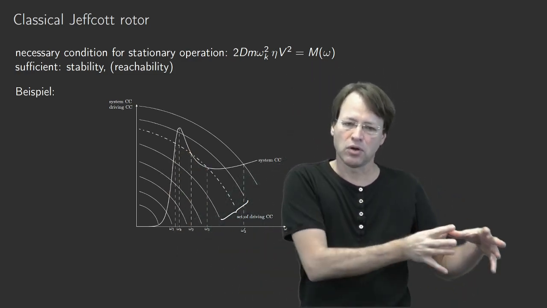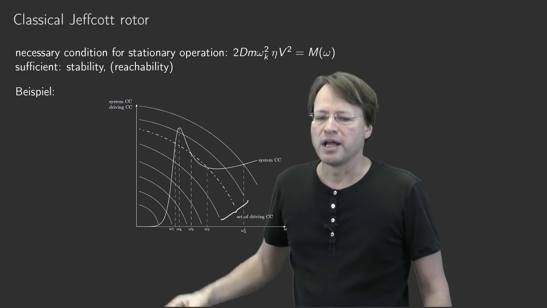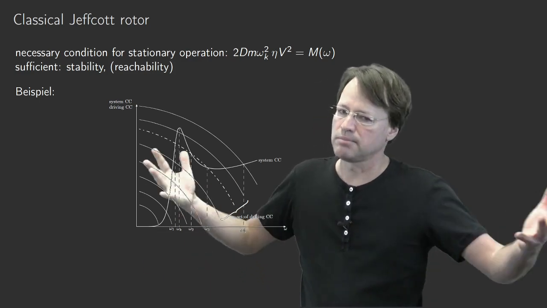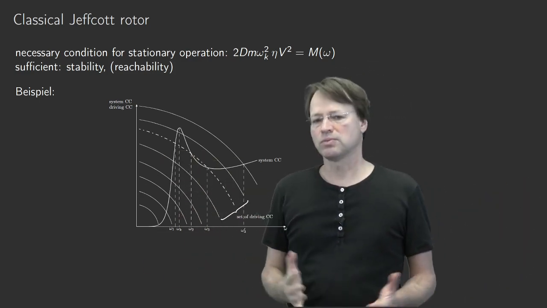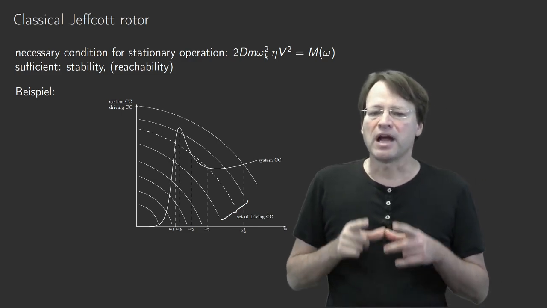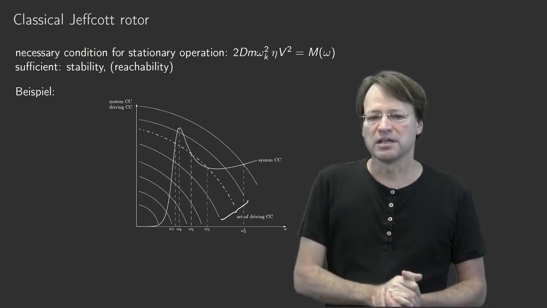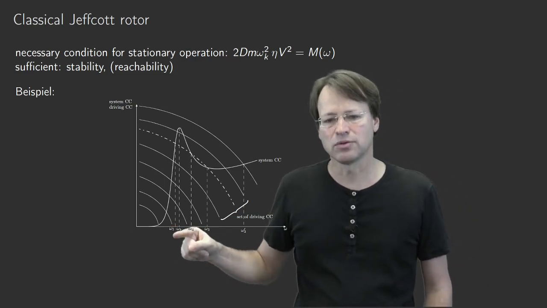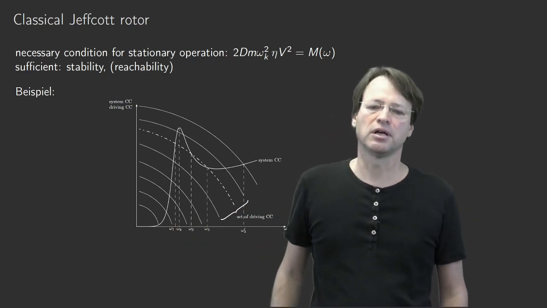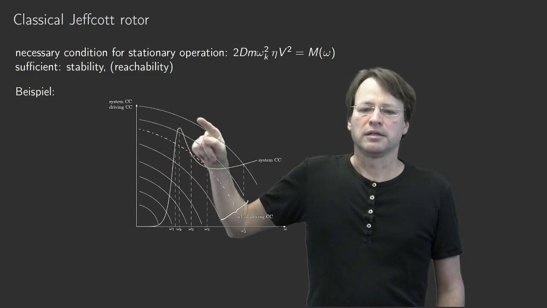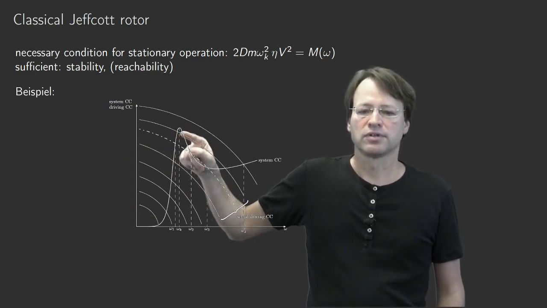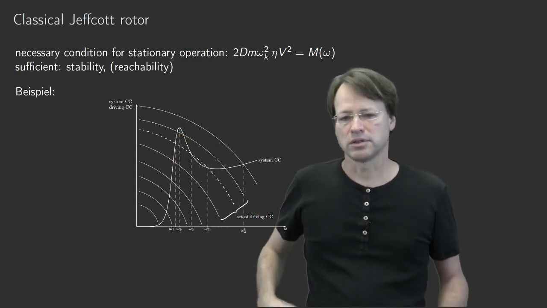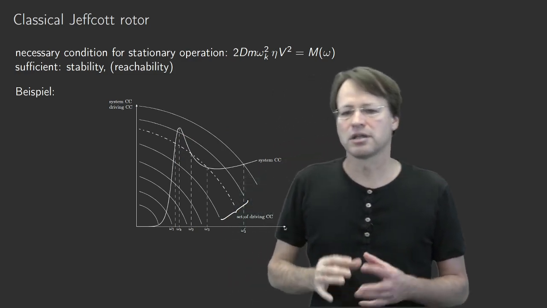What happens on the opposite end? So if, due to some external circumstances we cannot control, we have some perturbations that lead to a larger rotational speed than omega 1, then the system torque is larger than the driving torque.